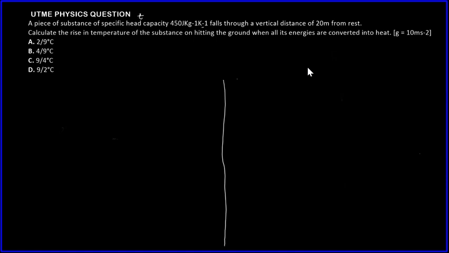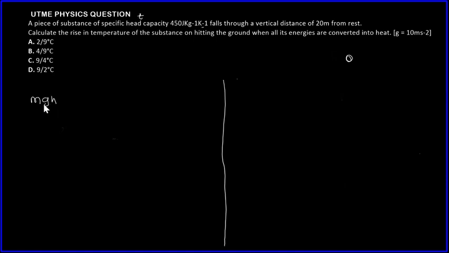So let's read again. A piece of substance of specific heat capacity of 450 joules per kilogram per Kelvin falls through a vertical distance. That means it was resting, and anything that is resting or is at a height above the ground possesses potential energy, right?